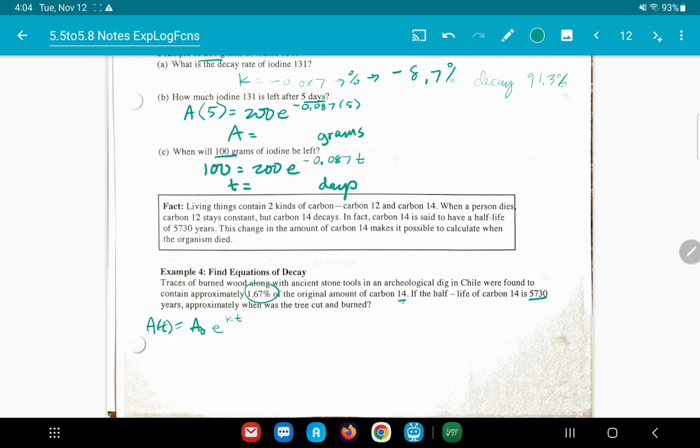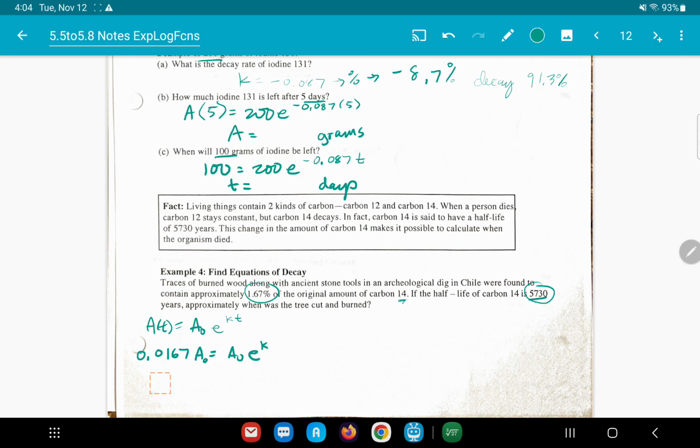Since we want 1.67% of the original amount, that's 0.0167 of the amount is equal to a sub 0 e to the, and I don't know this value, it's our decay rate in this case, but we do know that it's going to take 5,730 years to get half of the amount.